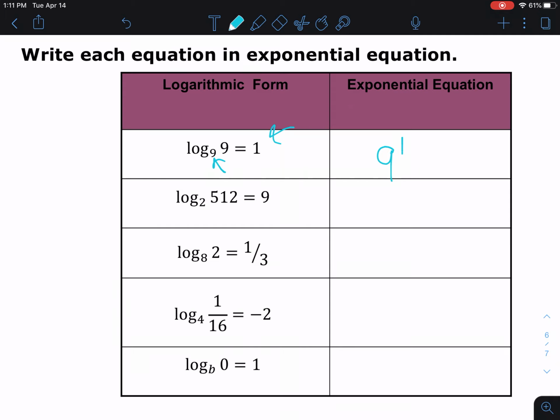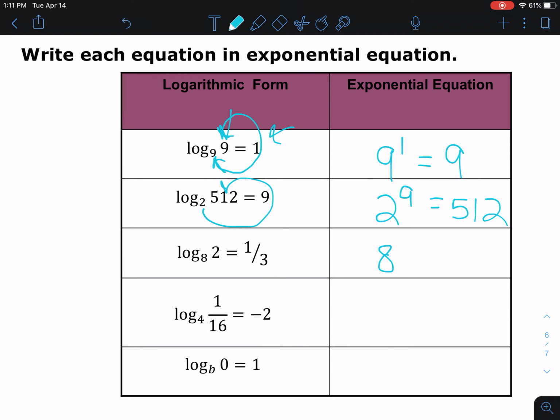It's 1. And then to that. So 9 to the first power equals 9. I kind of like to think of it as I'm going around in a circle like this. So this second one, my base over here is 2. 2 to what power? 9. That should equal 512. Again, kind of around like that.